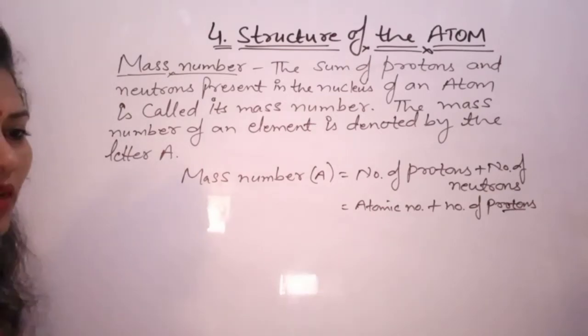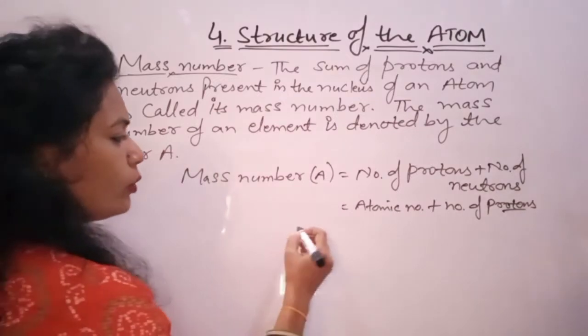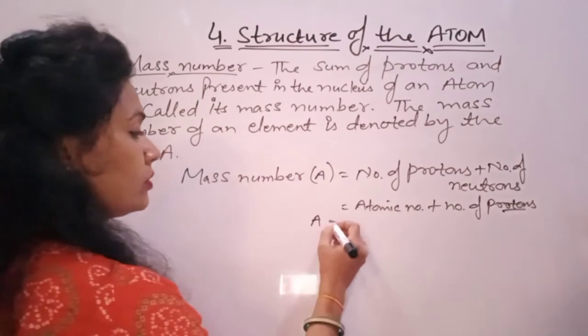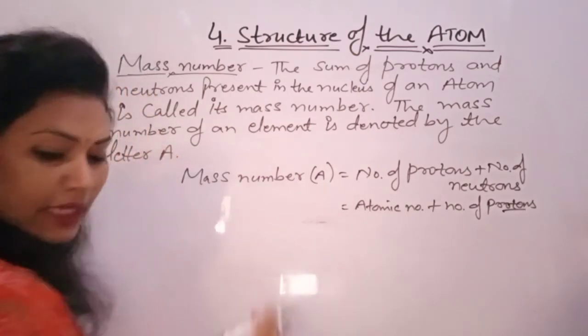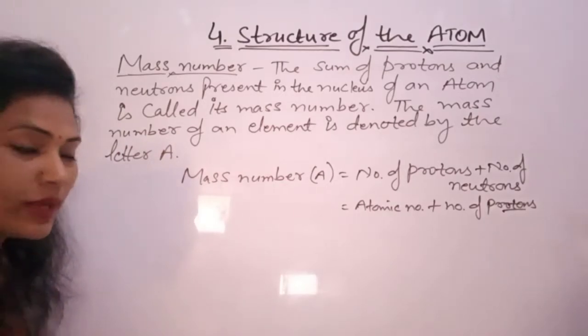If we write it in that form, how can we write? A is mass number.